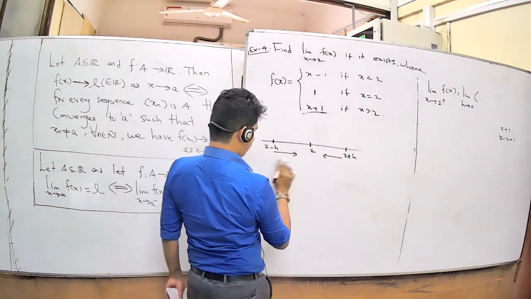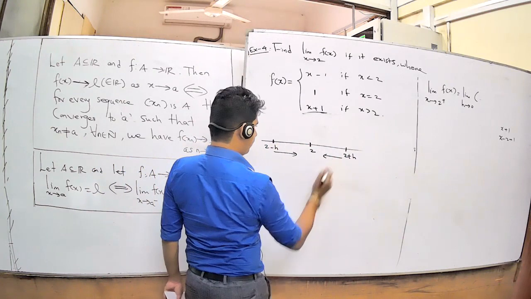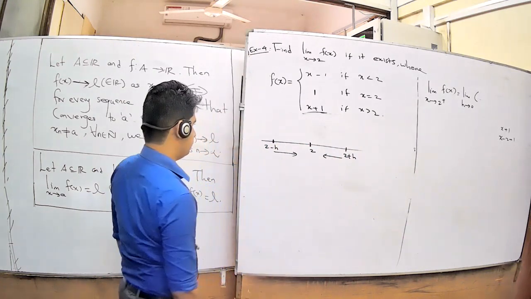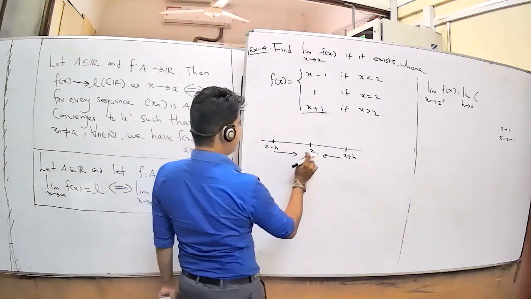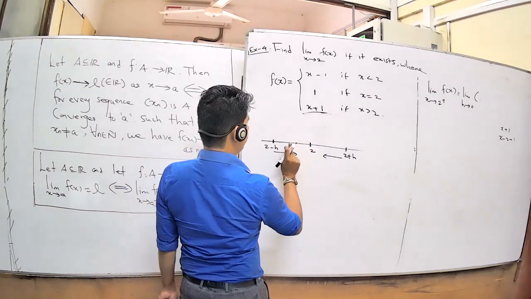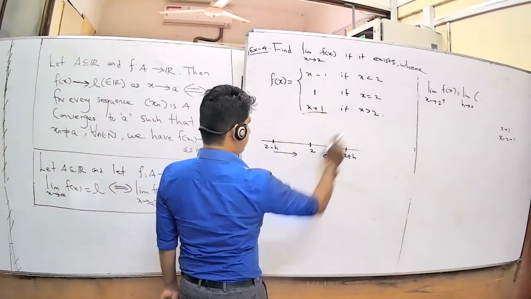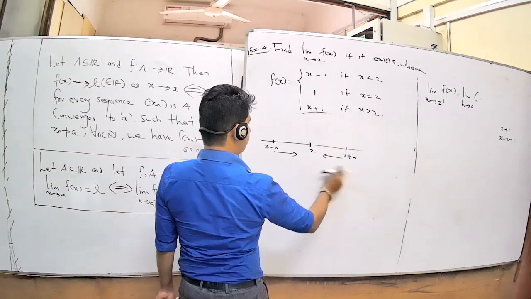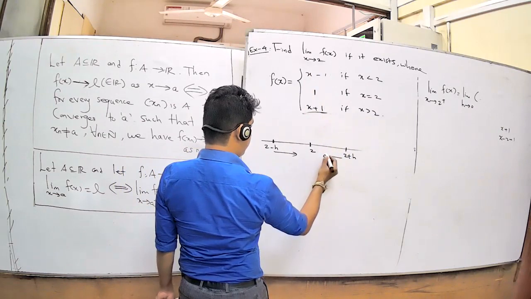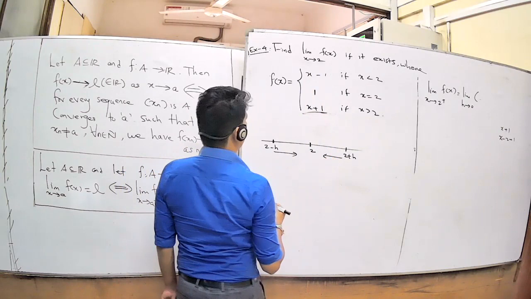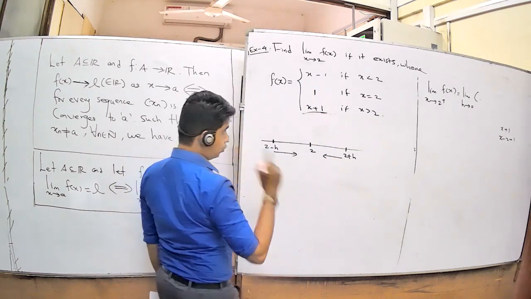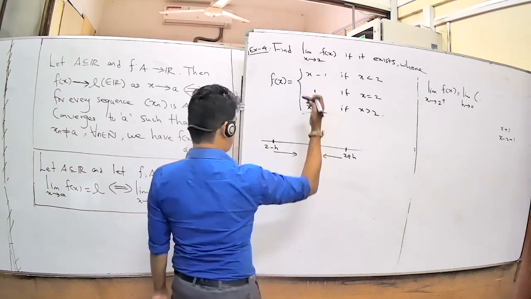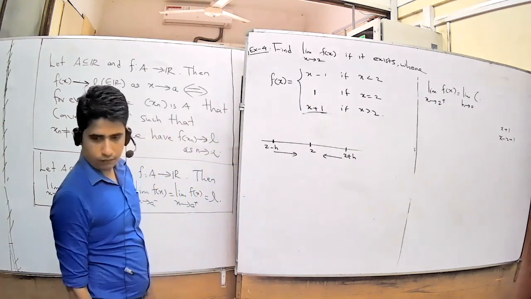It is your left limit, it is your right limit. In the x less than 2 case, your function takes the value x minus 1. In the x greater than 2 case, your function takes the value x plus 1. But in the x equal to 2 case, your function takes the value 1.